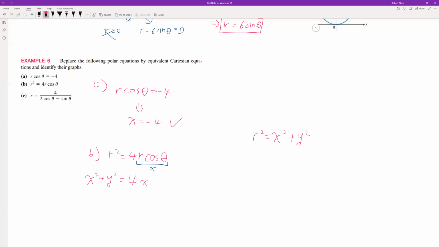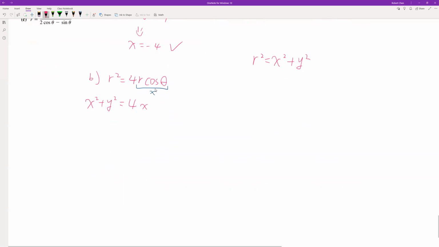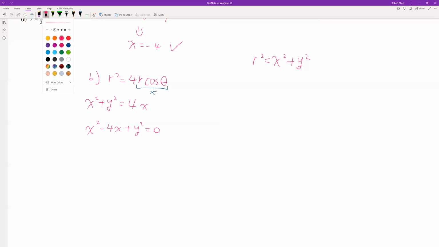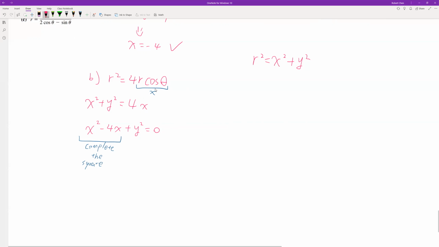Of course, you can leave it that way, but we really have no nice idea of what this is, right? So let's do a little extra work. I'm going to subtract the 4x to the left. So I have x squared minus 4x plus y squared is equal to 0. And what I'm going to do next is complete the square on this part. To complete the square, we need to add the square of half of b.